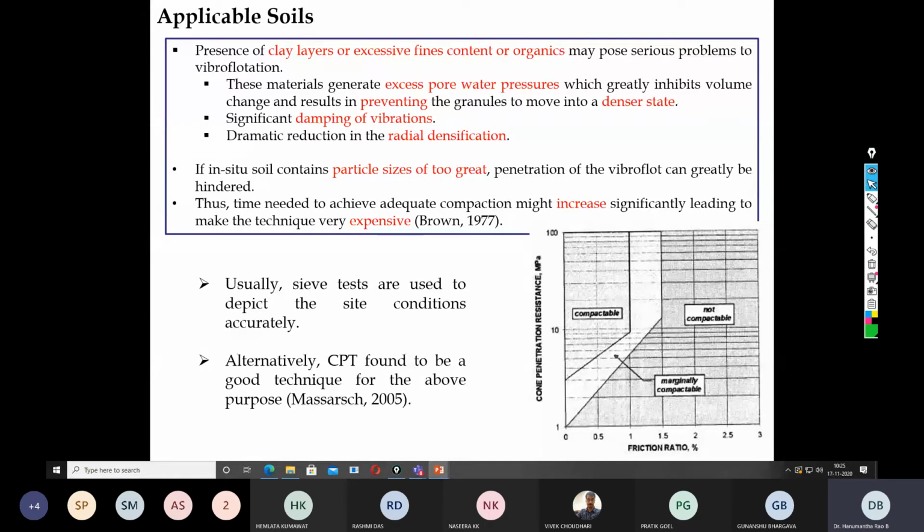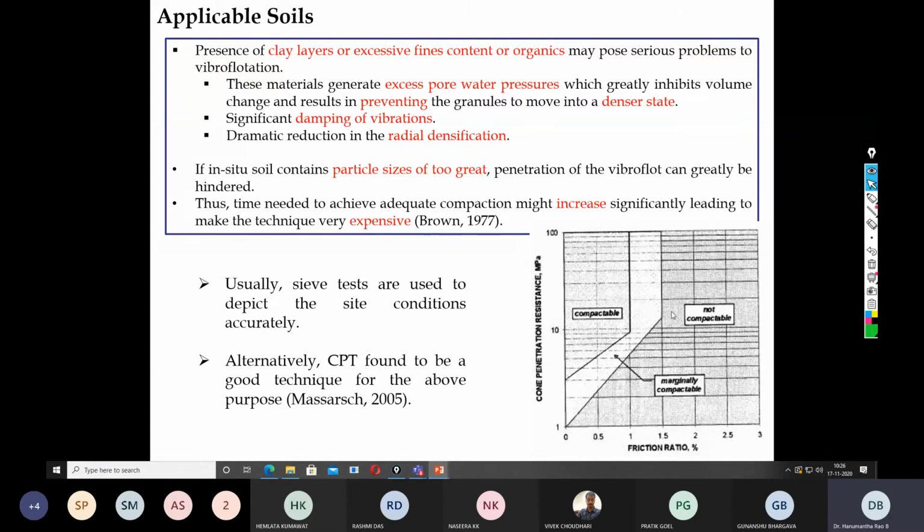Now, to understand the same thing in a much better way, you conduct a cone penetration test, say up to 60 meters. Now we have a profile of the cone penetration resistance and the frictional ratio, and you try to superimpose it on the graph to see which depth of the soil is more compactable, which depth is marginally compactable, and which depth is not compactable.